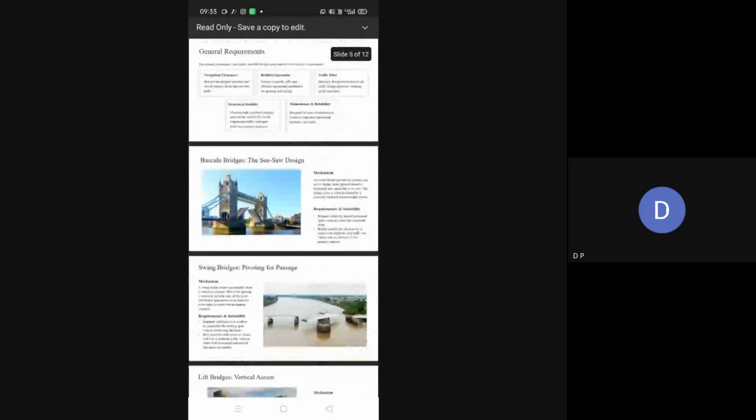Bascule bridges, the seesaw design mechanism. The bascule bridge operates by rotating one or two bridge spans upward around a horizontal axis, much like a seesaw. This lifting action is often facilitated by a precisely balanced counterweight system.